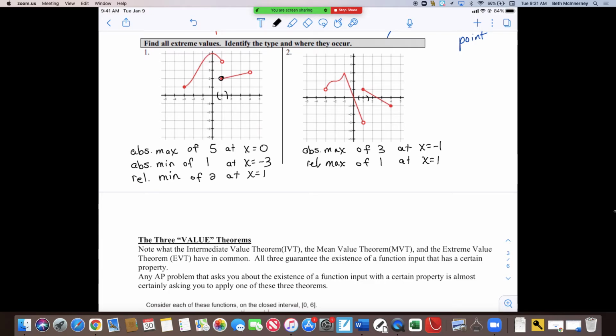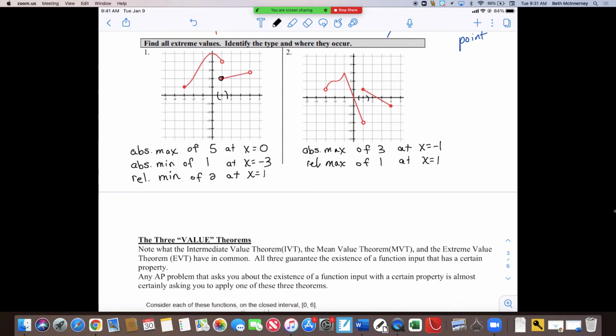All right. Yeah, Ryan? So, if the value like -3, if that was a closed circle, would 1 still be relative max? So if the dot at x is -3 were closed, it can't be relative because there's nothing on the other side.